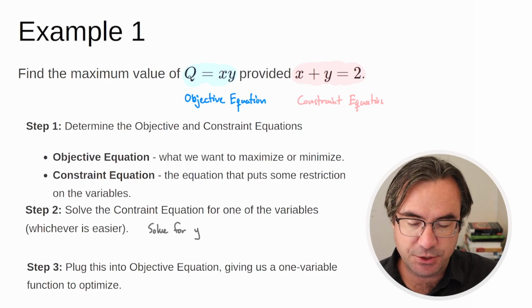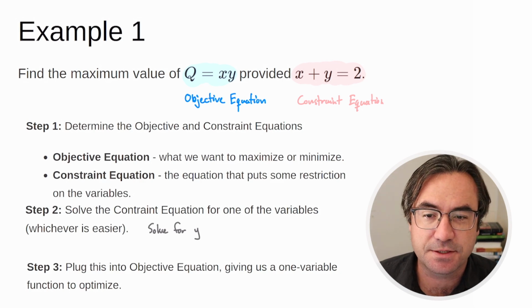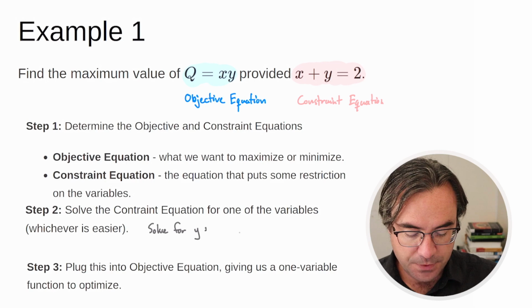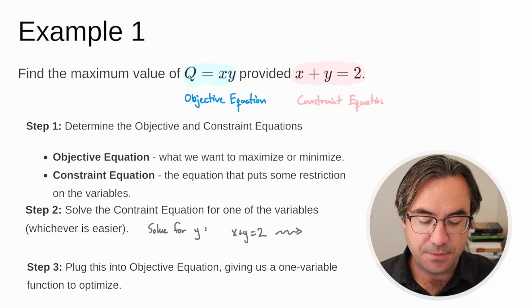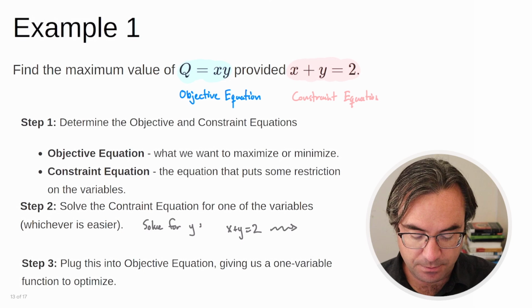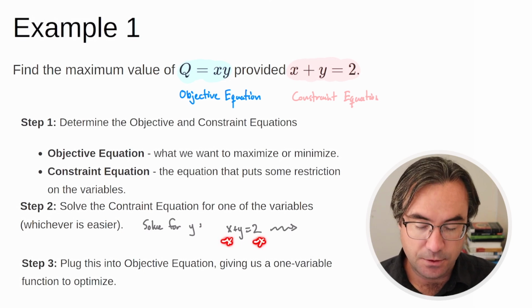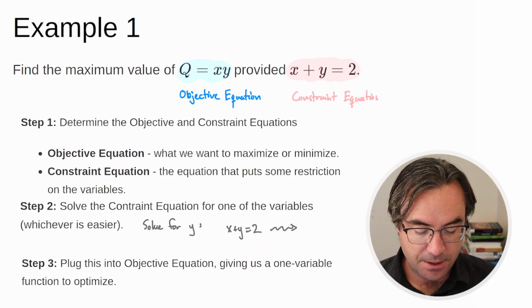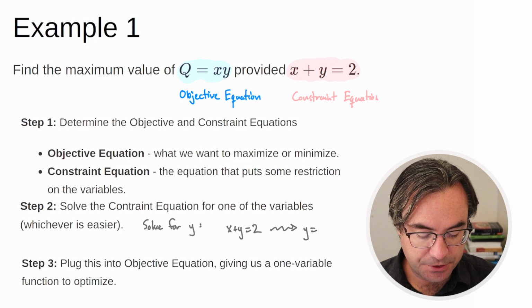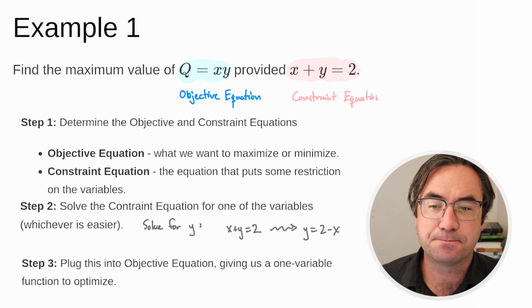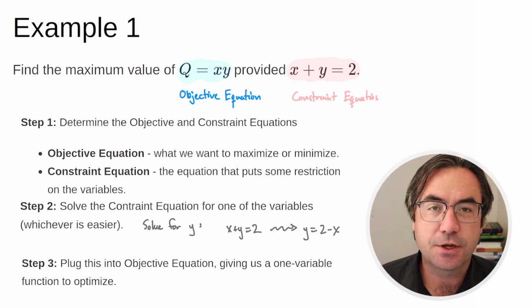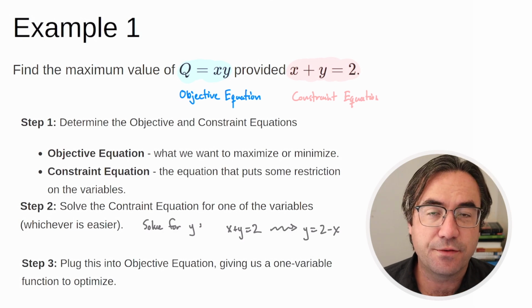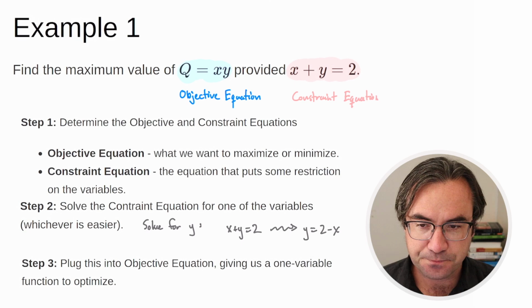But sometimes you might have a problem where it's easier to solve for x. So we take our constraint equation, and if we subtract x from both sides, we get y is equal to 2 minus x. Okay, so that's step 2. Solve the constraint equation for one of the variables, whichever one is easier.